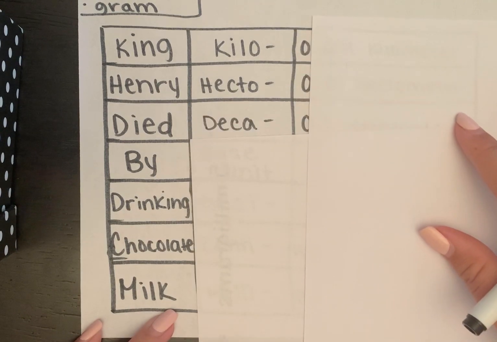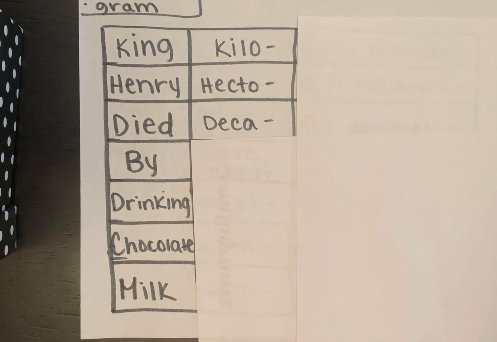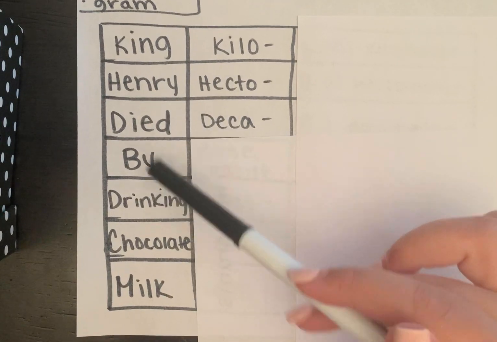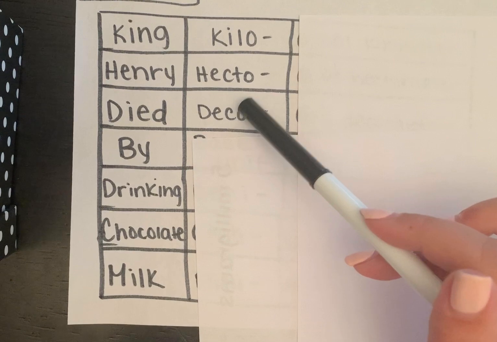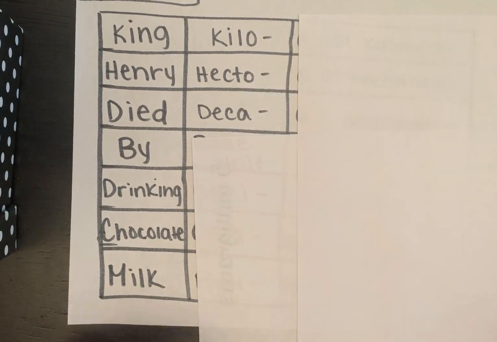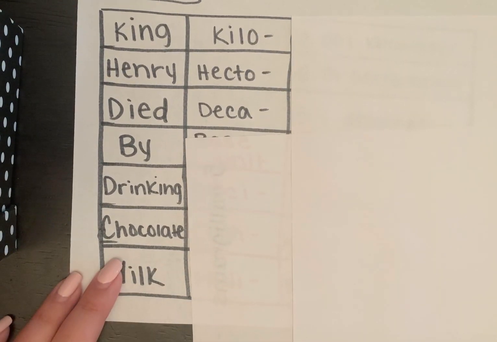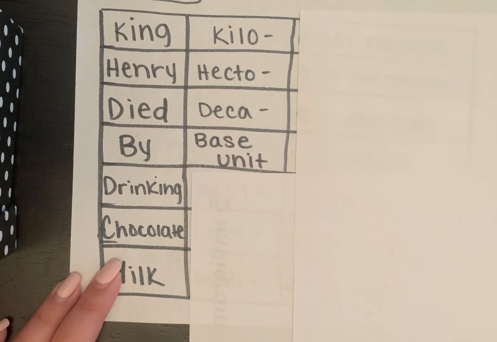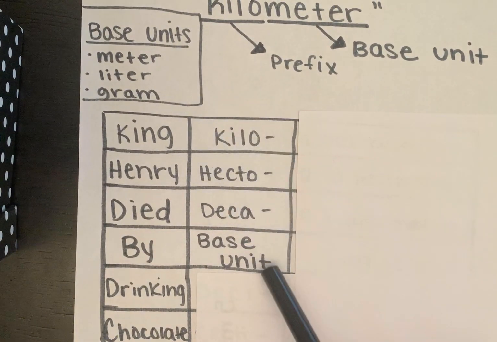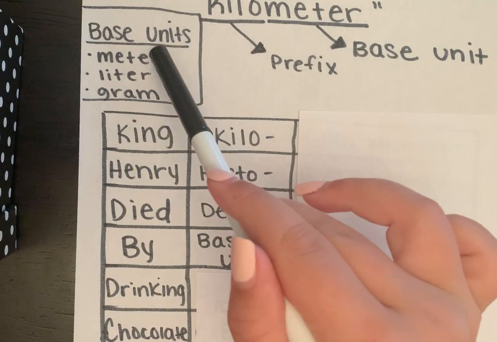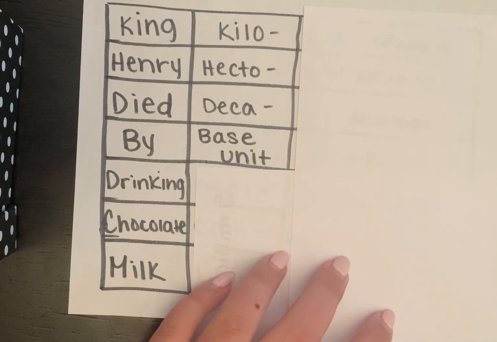D, or died, stands for deca. Now, there are gonna be two D's on here. So remember, deca is the one that comes first in the little phrase. And then B is gonna be standing for your base unit. So the base units that we talked about up here, that is what this is talking about. It's gonna be either meters, liters, or grams.